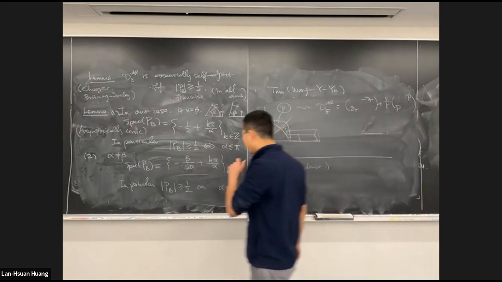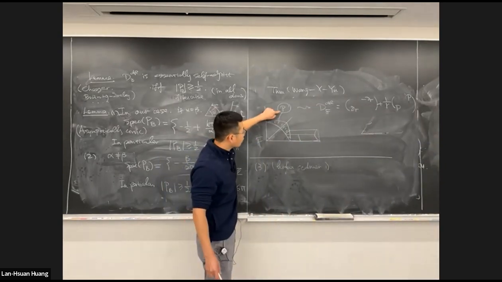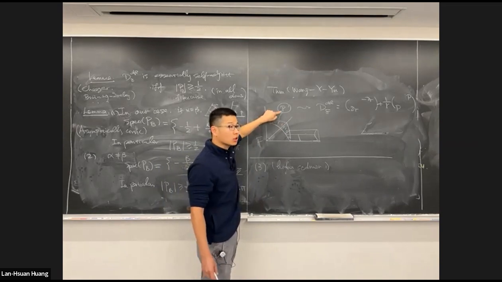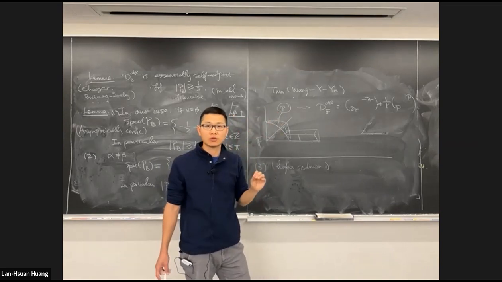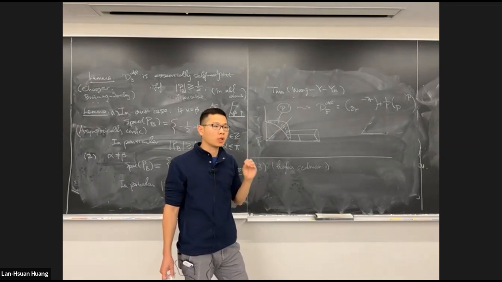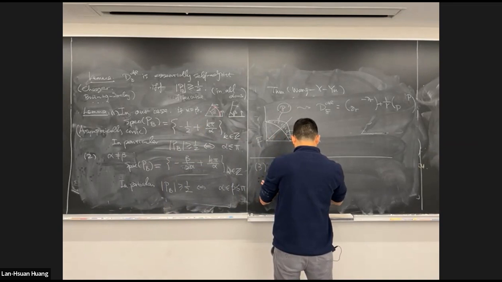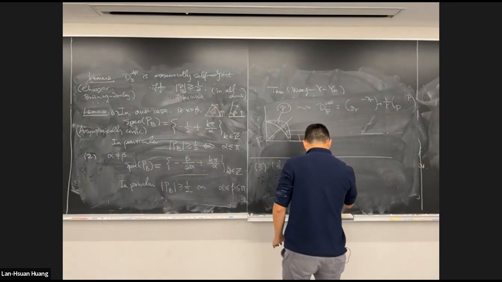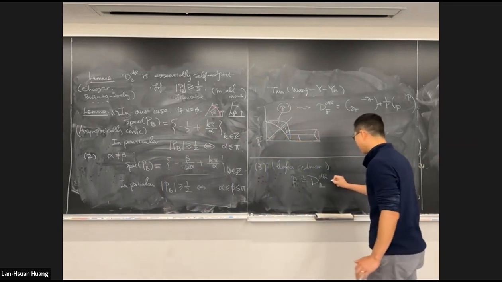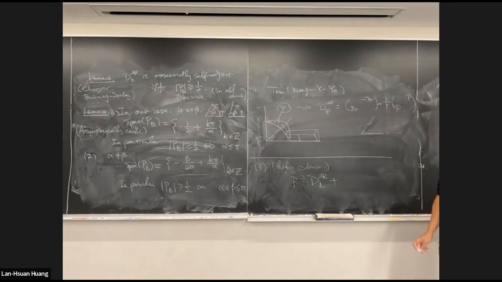But I do want to point out on the link here, this operator P is not the theorem operator itself. It's the theorem operator on the link plus a potential.